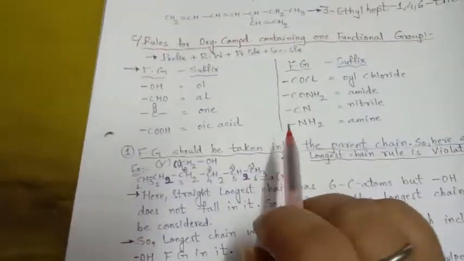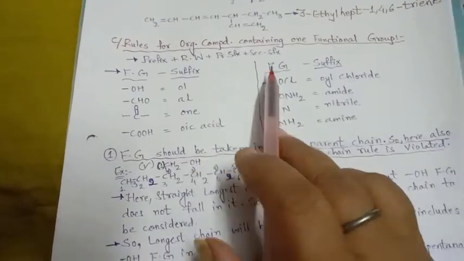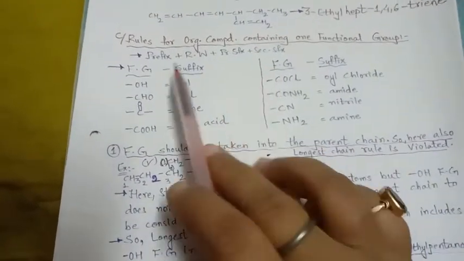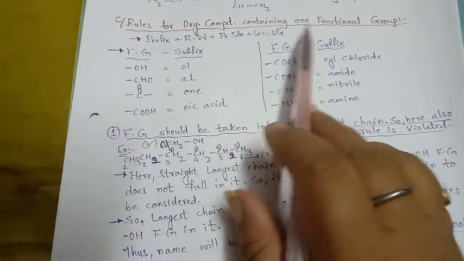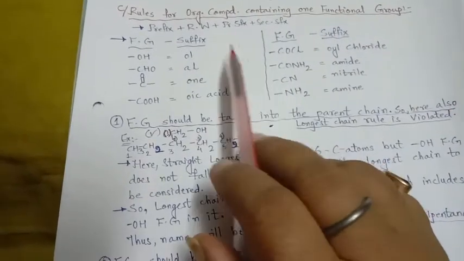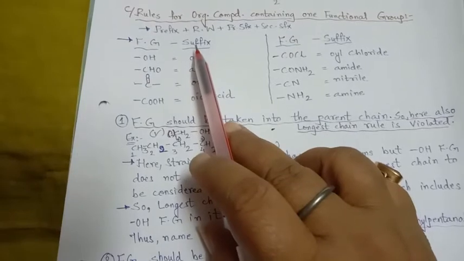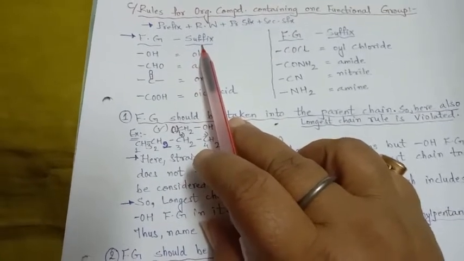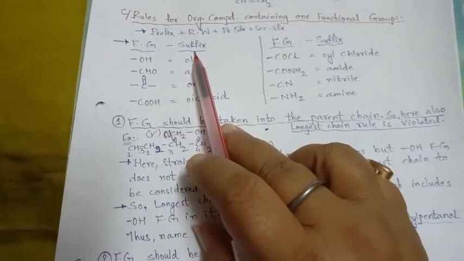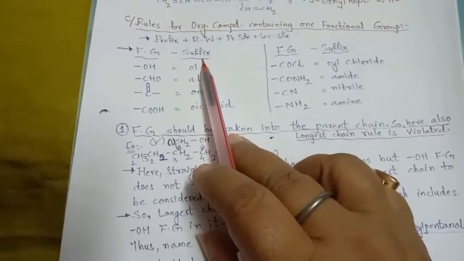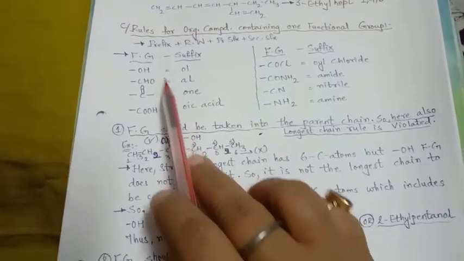Clear? Now the next category of rules is rules for organic compounds containing one functional group. Whatever functional group is present will take the suffix. When we did the generalization of functional groups, we discussed what suffixes they take. Let us recap it.